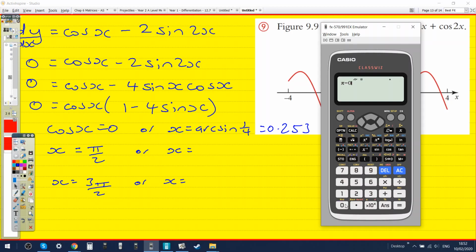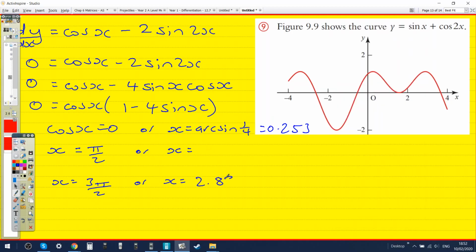0.253. So that's 2.89. Yes. And so those, let me see, between 0 and pi.